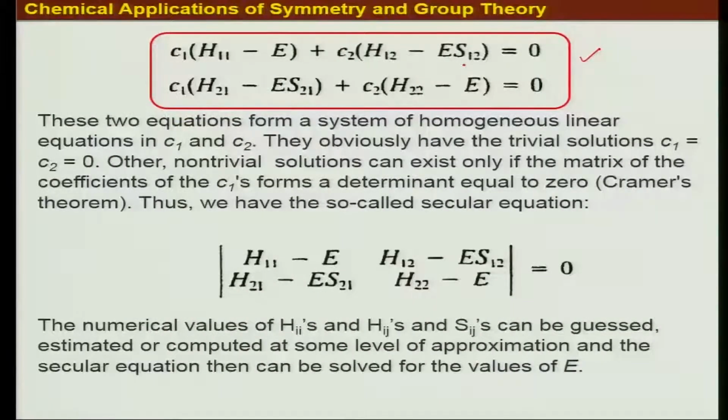So one can get the values of these Hii, Hij, and Sij. One can also try to estimate or compute them with the help of some sort of approximation. And using that approximation, one can solve the secular equation and get the value of E, which is of utmost importance.